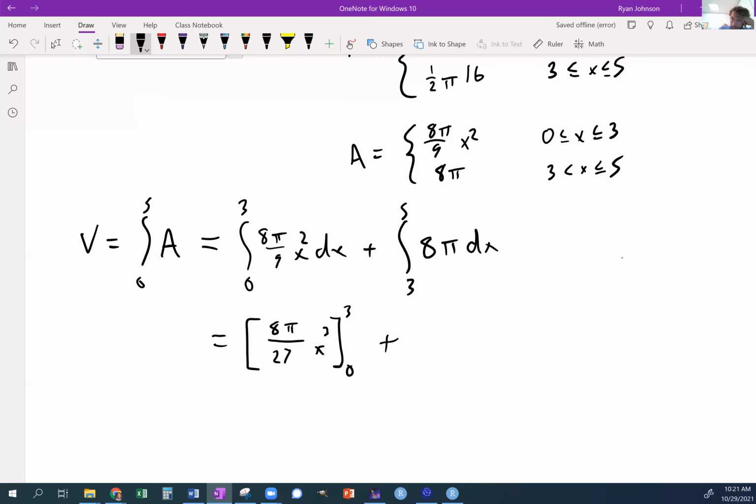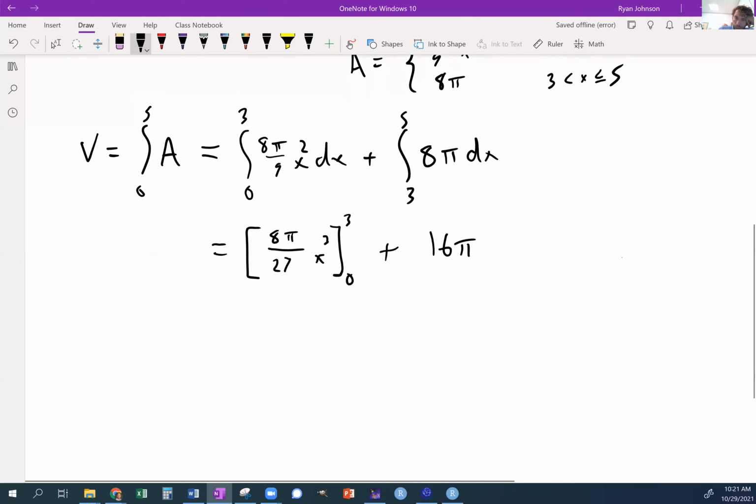So it's 8 pi high, and the width is from 3 to 5, so the width is 2, so 16 pi. Okay, so then plugging in 3, you get 8 pi. Then plugging in 0, you get minus 0, plus 16 pi. I'm left with 24 pi.